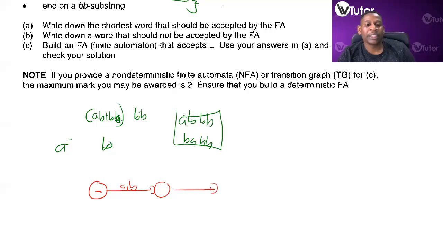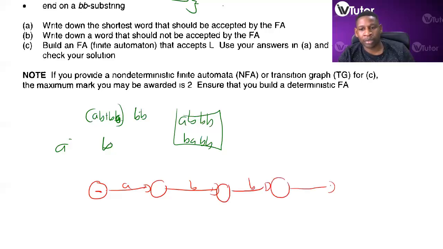We definitely need somewhere to go. So let's deal with this as we did with the shortest words. We can have an A and have a B, and from here, as long as we have a BB, we can go to a final state.